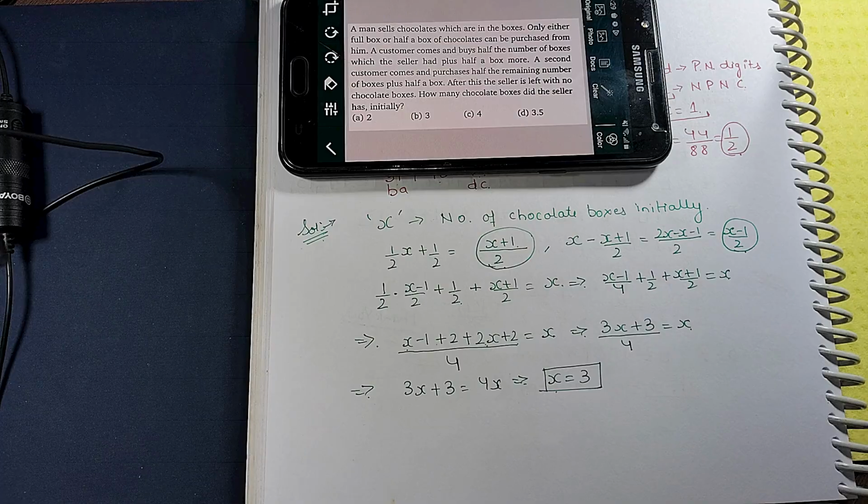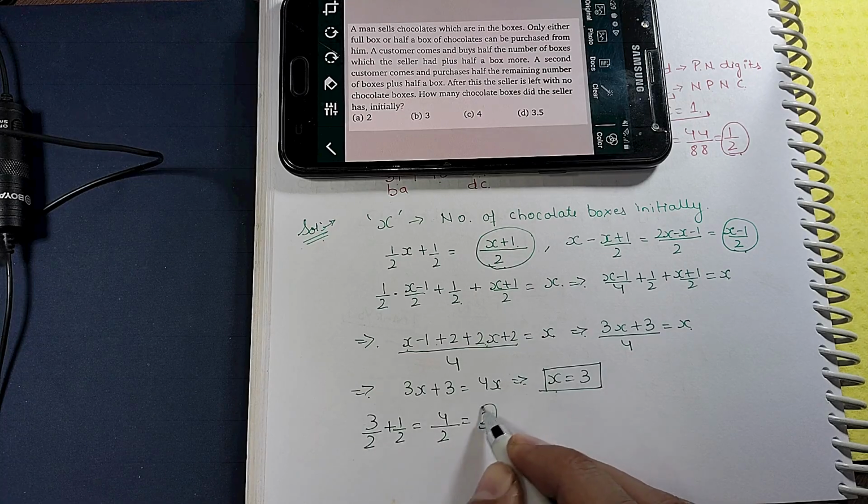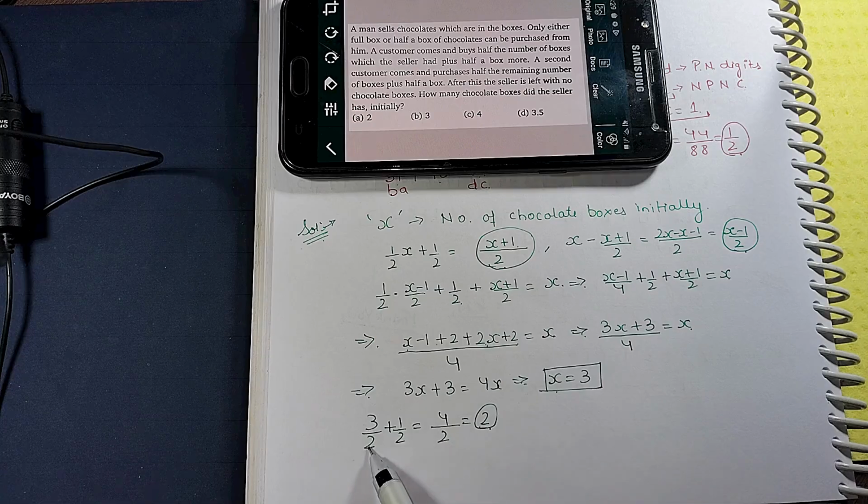Fine. Now if you want, we will check it also. First customer comes and he gets half of this. So that will be 3 by 2 plus 1 by 2, which is equal to 4 by 2, so this is 2. Now the second customer comes, he gets half of the remaining. So 2 has gone, so what would be left out of 3?